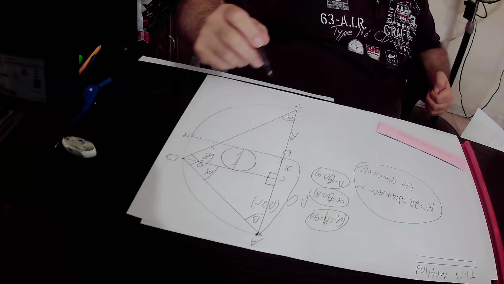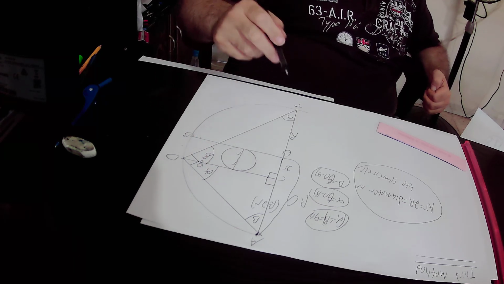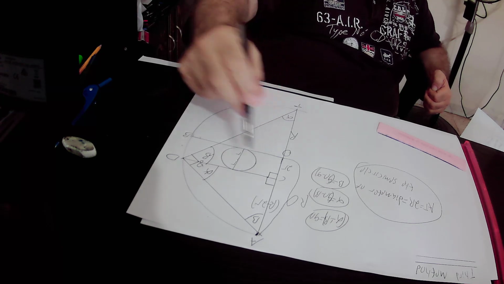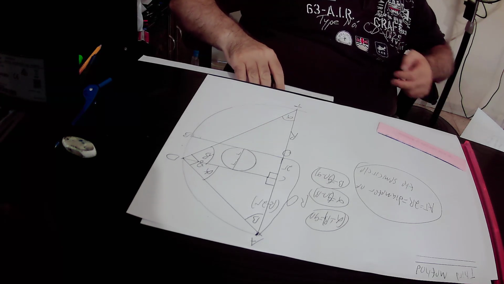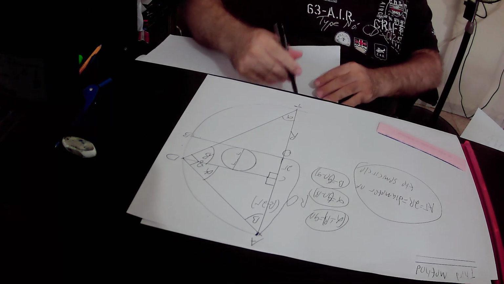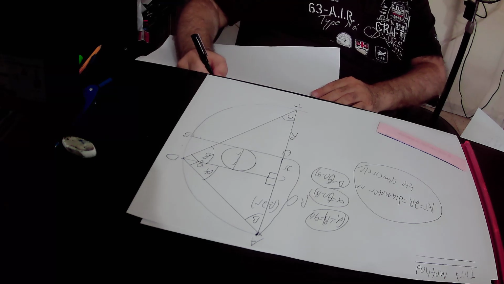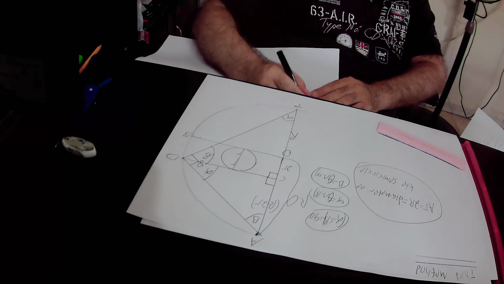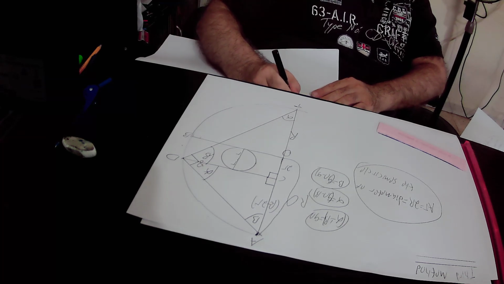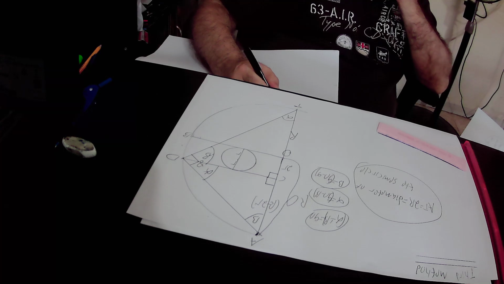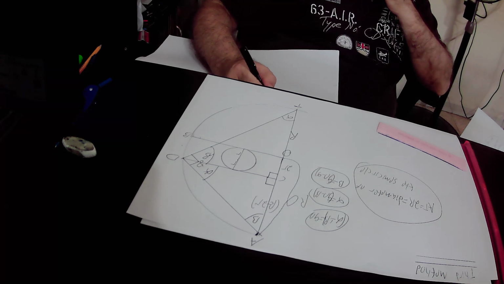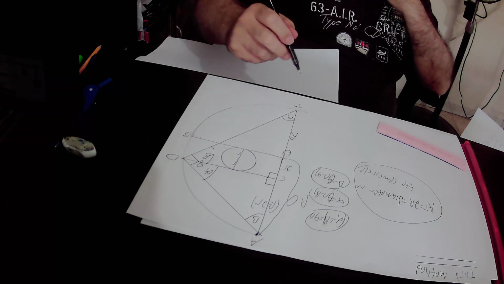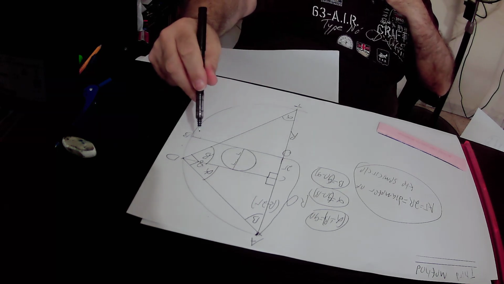In the next step, we'll prove that the right triangle ACD is similar to the right triangle CDT. So why are those two right triangles similar to each other? I'll write it down. We'll prove that the right triangle ACD is similar to the right triangle CDT.